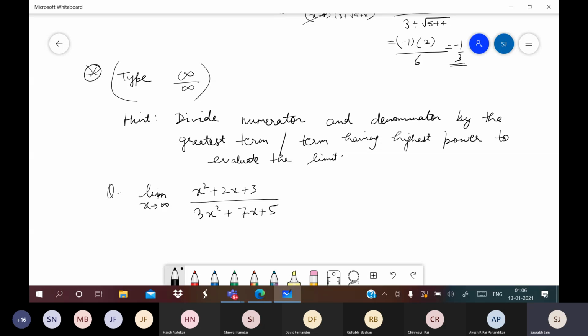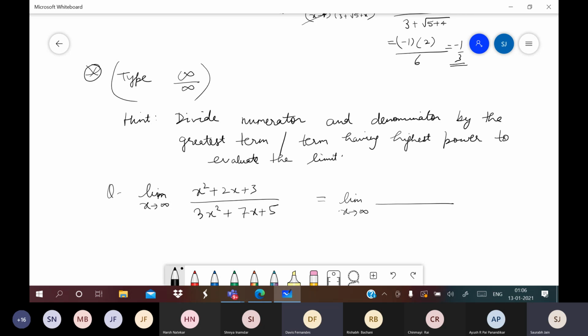So if anyone has understood this point, can anyone tell me what should be the next step here? What should I do in the numerator and denominator? Try to answer. No problem, whether you are right or wrong. What do you think?